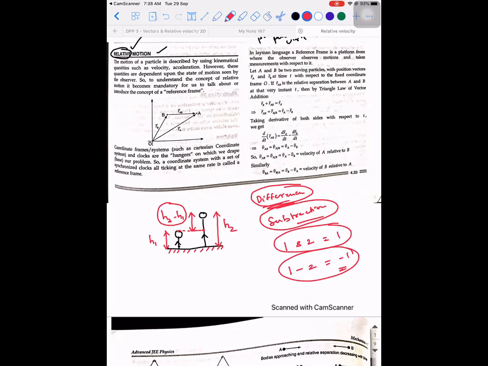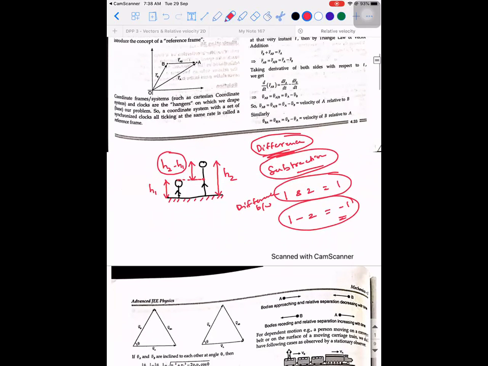Am I clear on this point? It's a very minute detail, but concentrate. Difference between 1 and 2 is 1, and difference between 2 and 1 is also 1. But if I ask you to subtract 1 from 2, you will say 1. If you subtract 2 from 1, it will be minus 1.